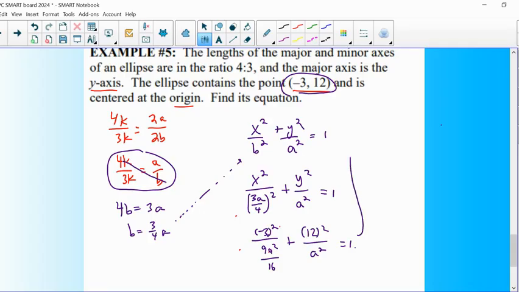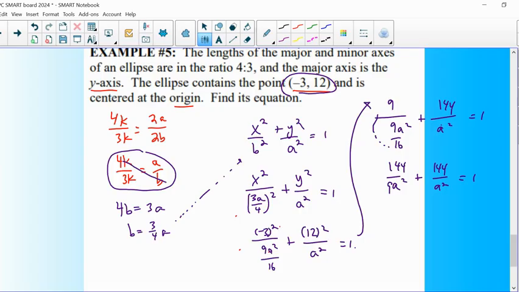So let's do some simplifying here. 9a squared over 16 plus 12 squared is 144 divided by a squared is equal to 1. And we can move this 16 up here. So we get 16 times 9 is 144 over 9a squared plus 144 over a squared is equal to 1.